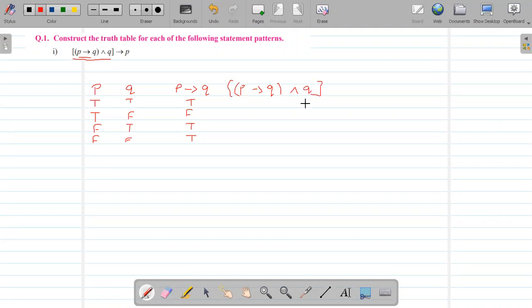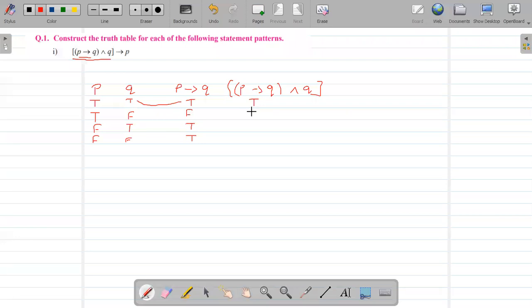What happens in the case of AND, or conjunction? If any condition is false, then the entire output will also be false. So how does it happen? Just see. True, true: true.